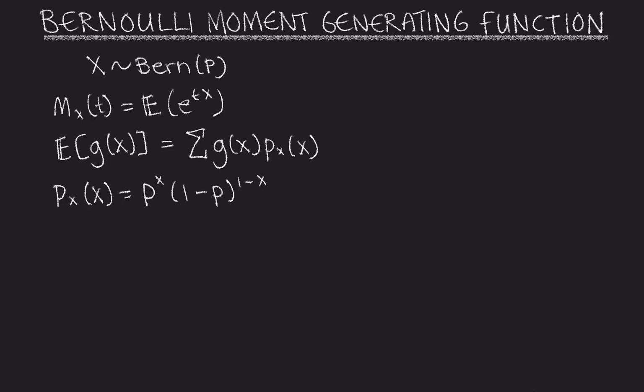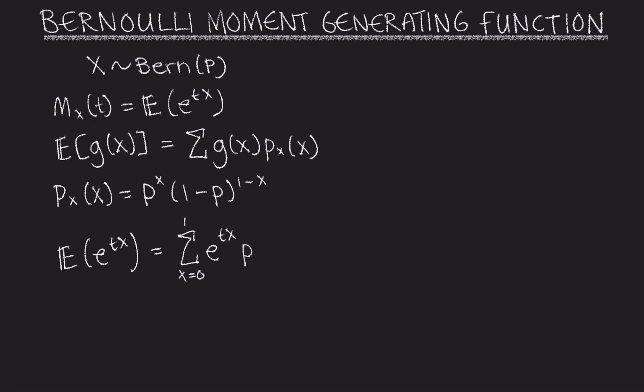So the moment generating function, the expected value of e to the power of tX, is equal to the sum of, now because a Bernoulli distribution can only take on the values 0 or 1, we start at x is 0 and go to 1, of the function g(x), which in this case is e to the power of tx, multiplied by the PMF.